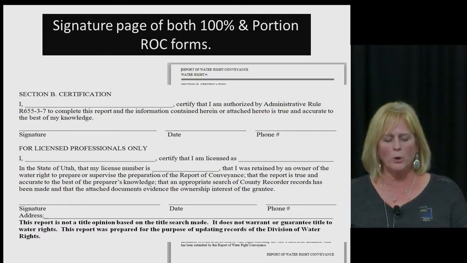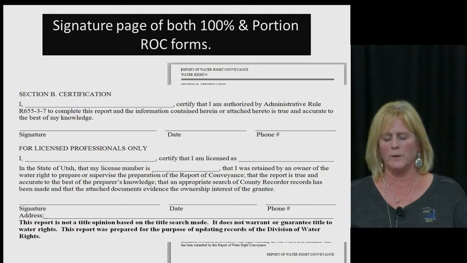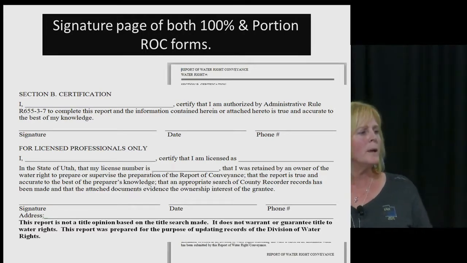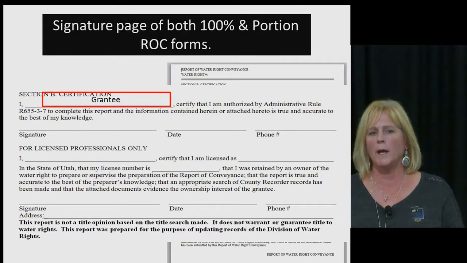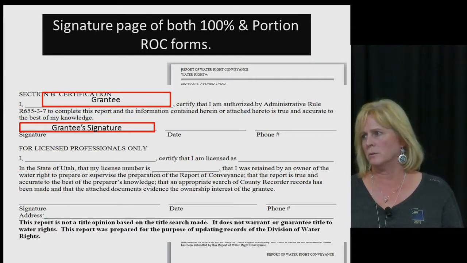So if an owner updates without the professional, they are attesting that the information contained in the ROC is true and accurate. Okay? They will need their name and a signature.